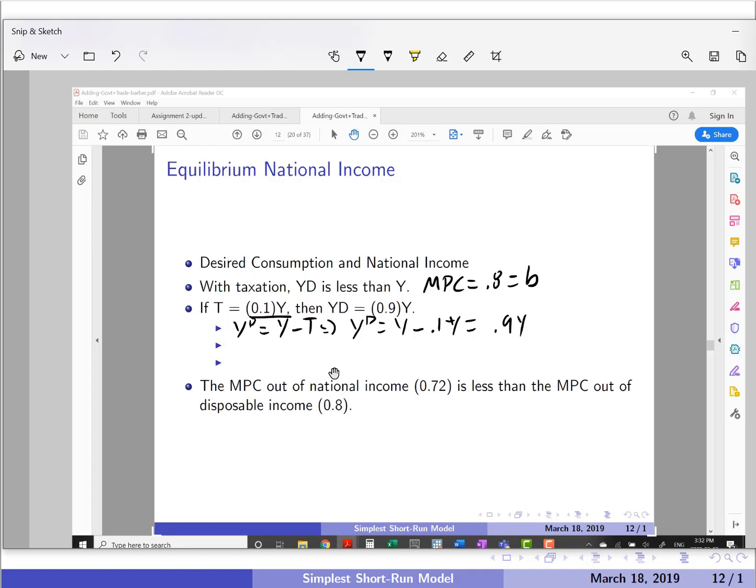And then if we want to think about what this means for the marginal propensity to consume out of national income, that's going to start to be less than the marginal propensity to consume out of disposable income.